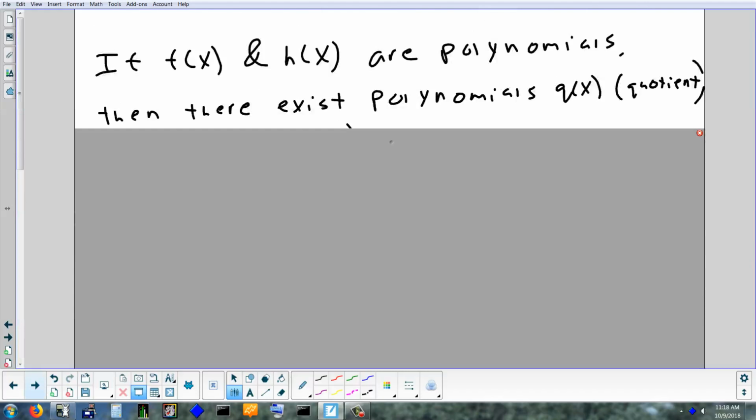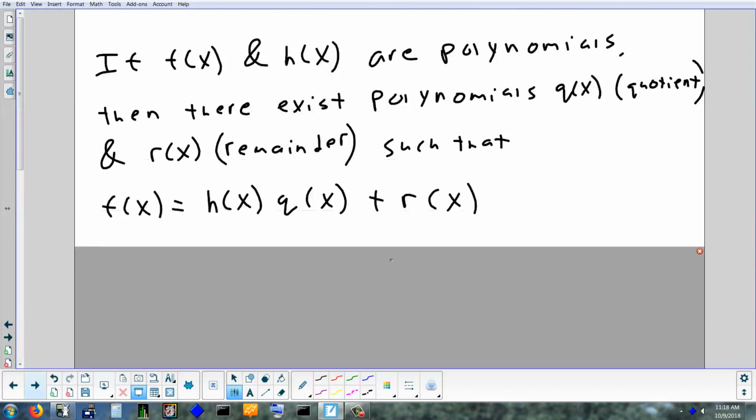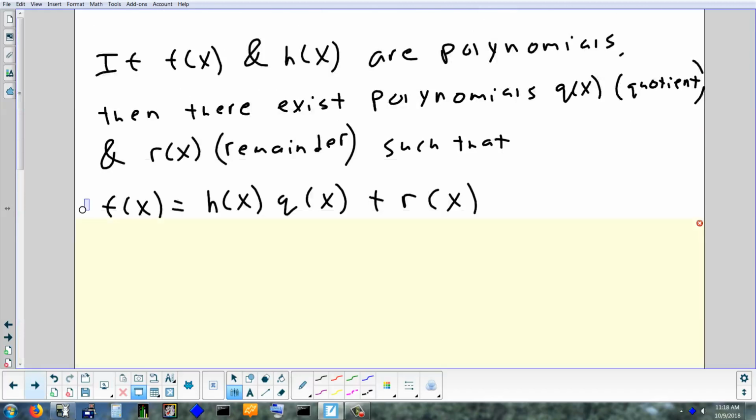This sometimes seems a little confusing when you see it in words, but if I actually write this out, and I'll use numbers in a second, I think it'll be a little more obvious. So it says that f of x and h of x are two polynomials that you're going to divide.